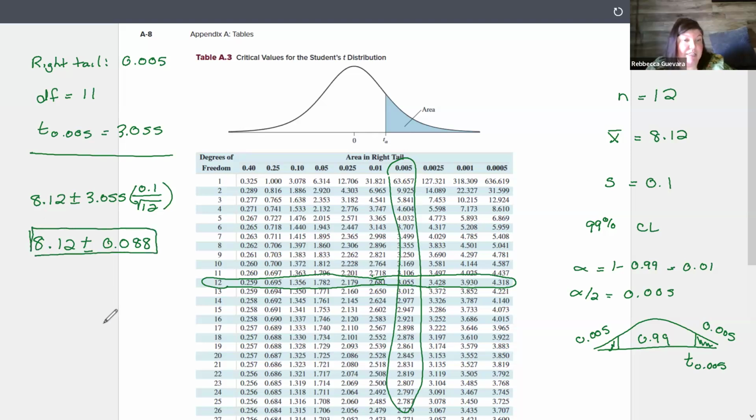So the range that I expect the actual mean to be in is going to be 8.032 to 8.208. So remember that what the bag says, it should be 8 ounces.